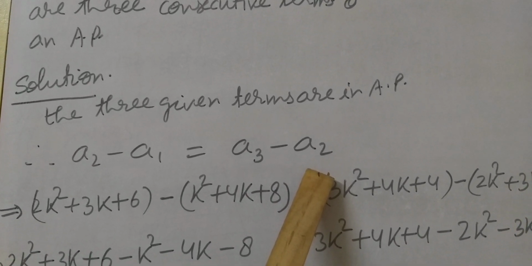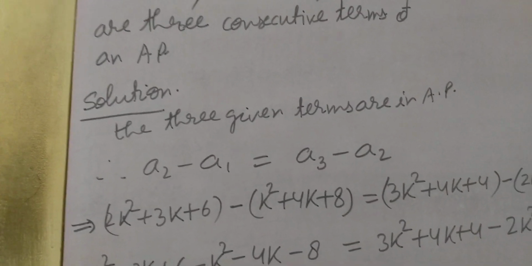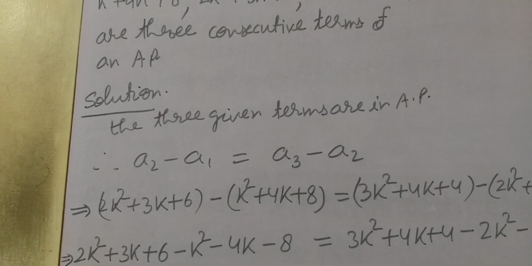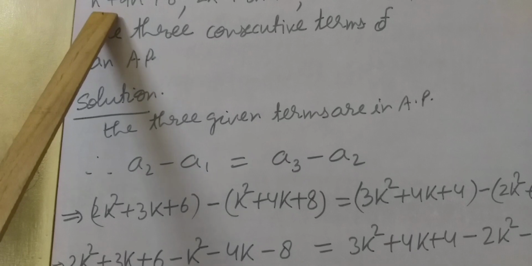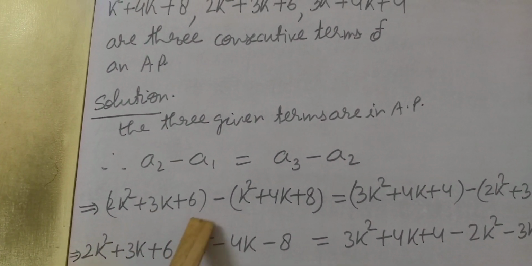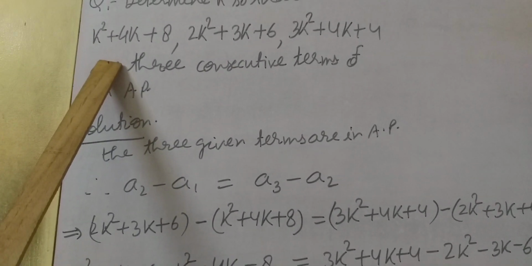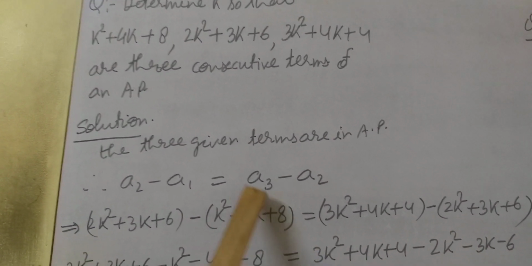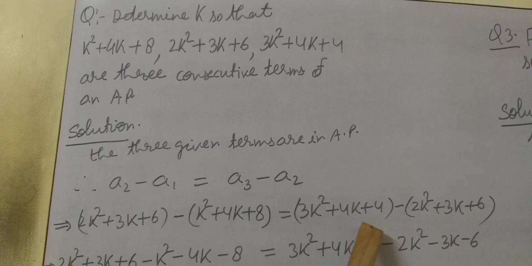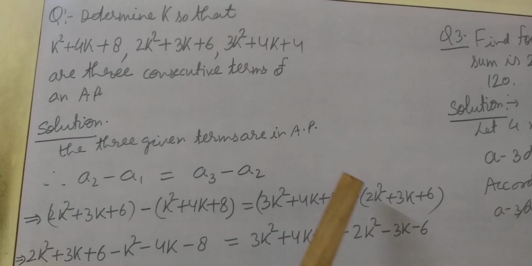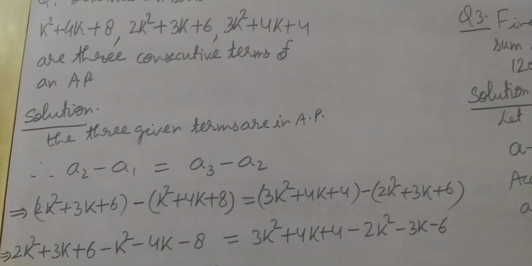Because we know that the difference is the same, we have to equate both of them. So A2 minus A1: A2 value 2k square plus 3k plus 6 minus A1 value k square plus 4k plus 8. This side, A3 value 3k square plus 4k plus 4 minus A2 value 2k square plus 3k plus 6.